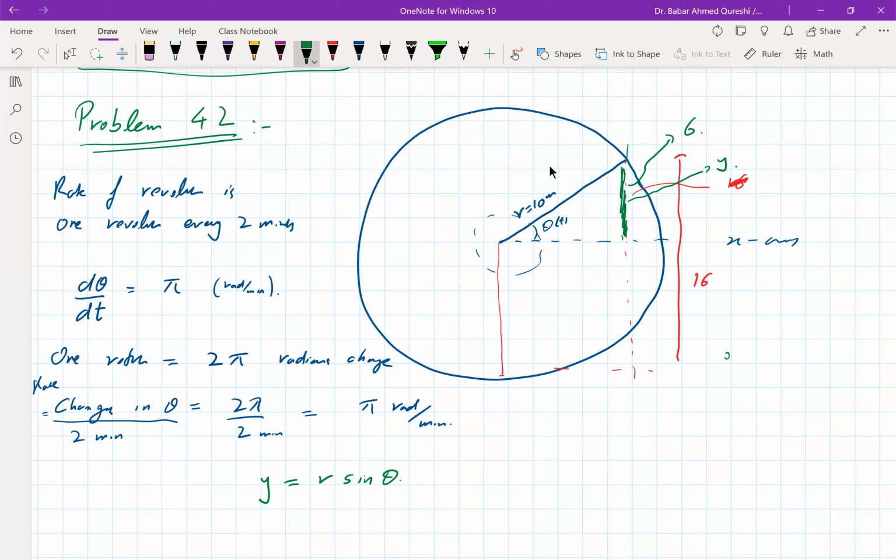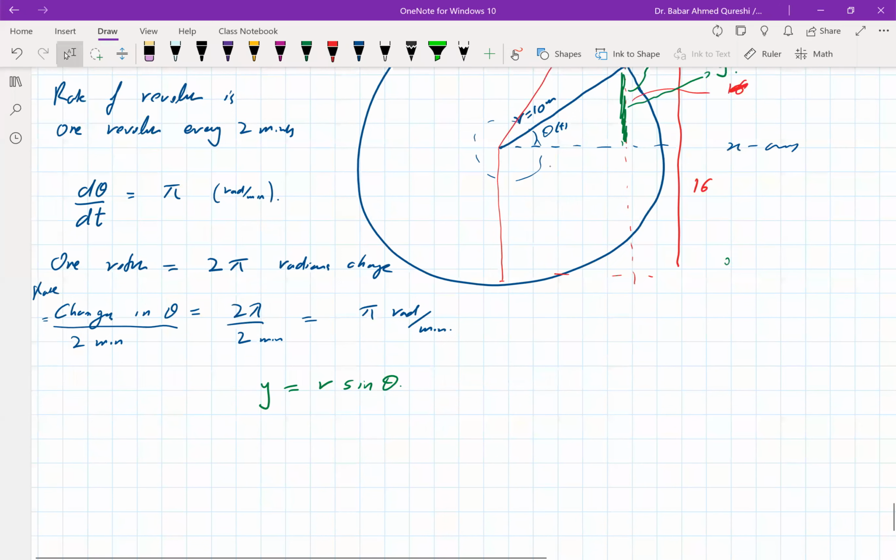I don't care if this guy reaches here, how much distance they have covered in this direction. From here to here, how much they are rising above. So all I need is dy by dt.